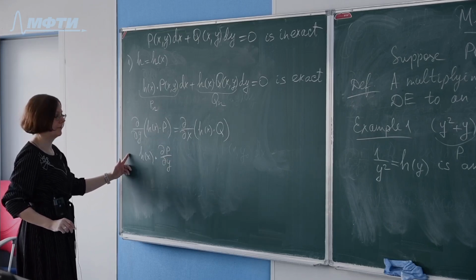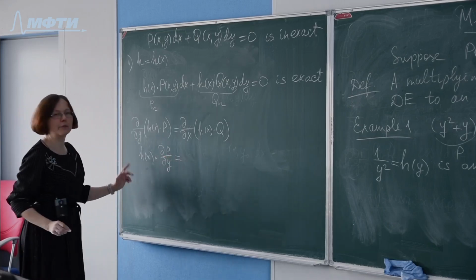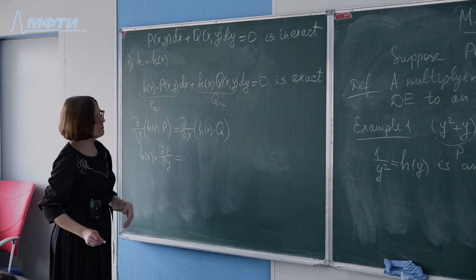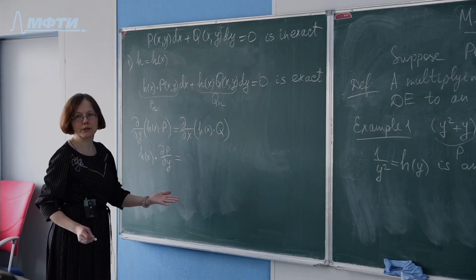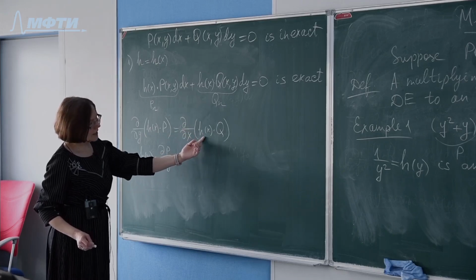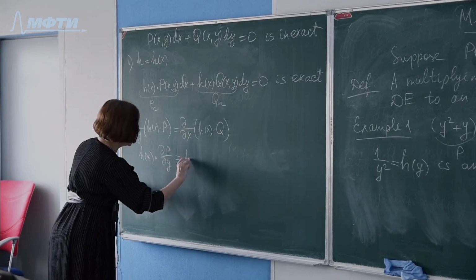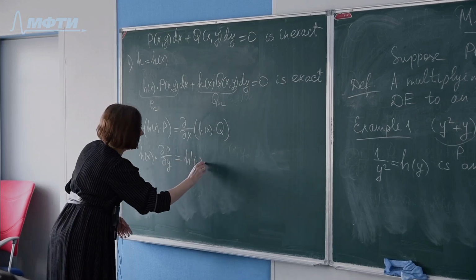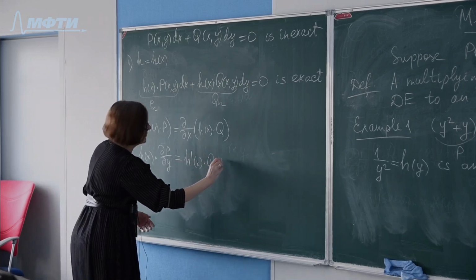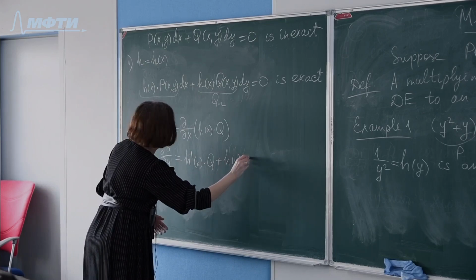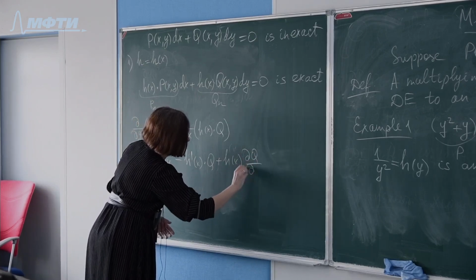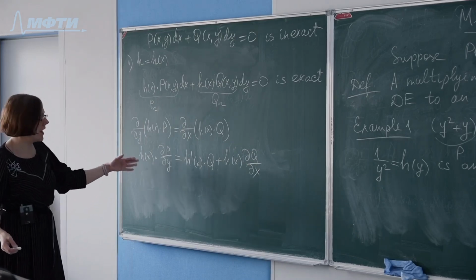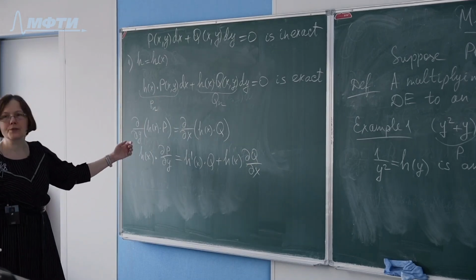Right? It must be equal to, so let's differentiate this expression. So this is the derivative of the product. The derivative of h will be h prime with respect to x, of course, times Q plus h of x dQ over dx. And now h of x can be found from this equation.